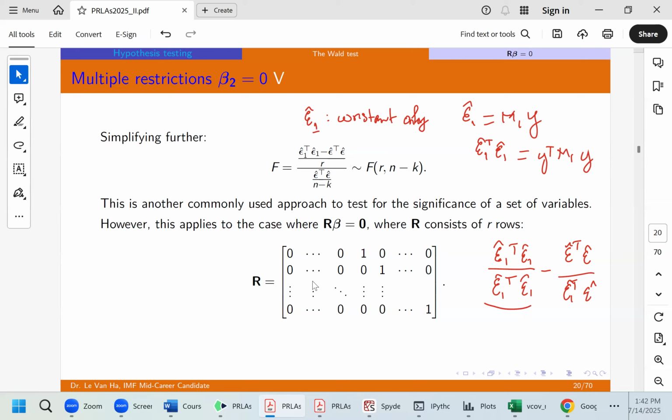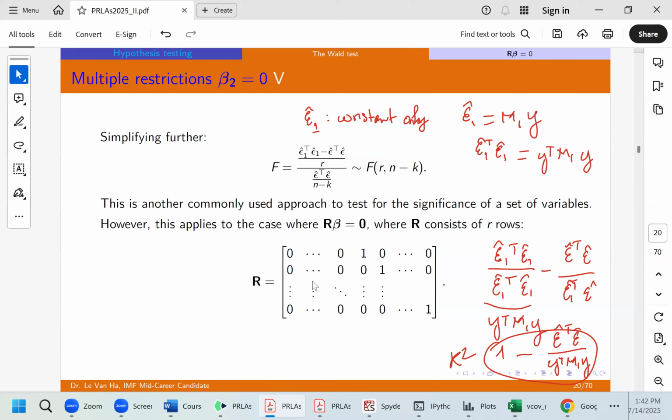This one is nothing more than y transpose M_1 y. Is that right? So you have here 1 minus epsilon hat transpose epsilon hat over y transpose M_1 y. And this one is nothing more than the R square. R square. Is that correct?